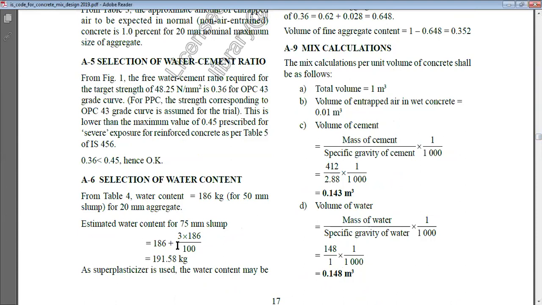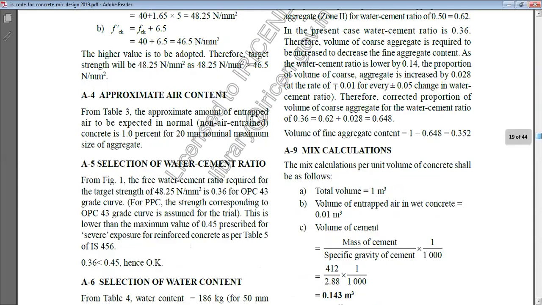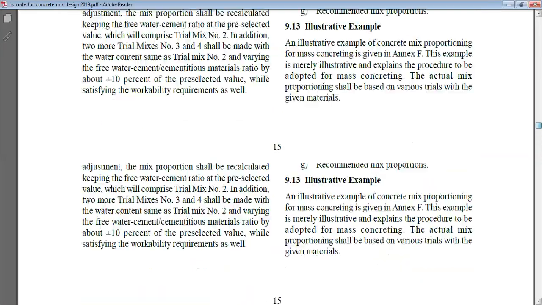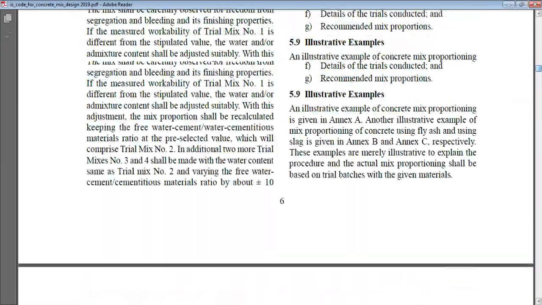This is the water content. In the problem it is also given that we are going to use a superplasticizer. If you are using a superplasticizer, you need to decrease the water content. How much to decrease is based on a trial method. Usually for superplasticizers, that is also given in table number 4.